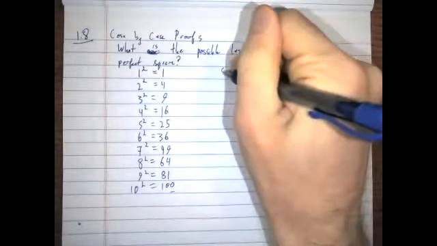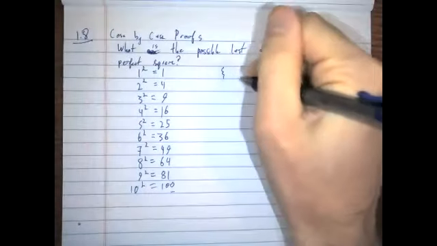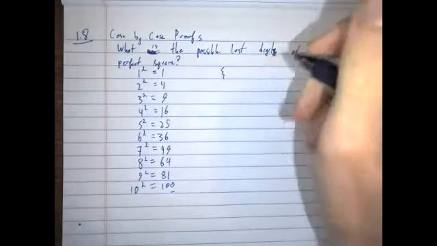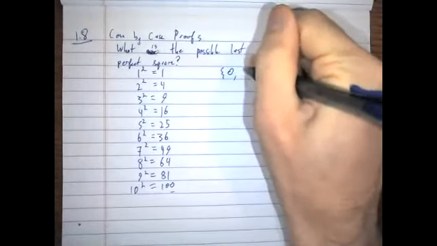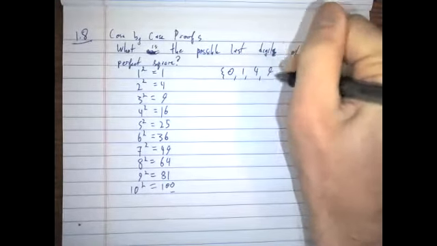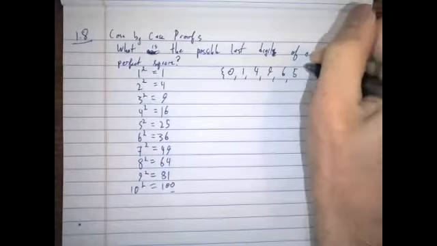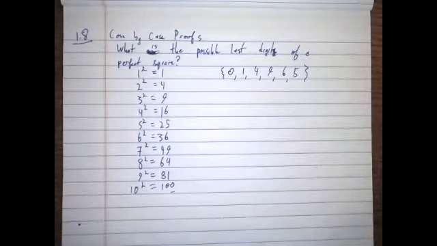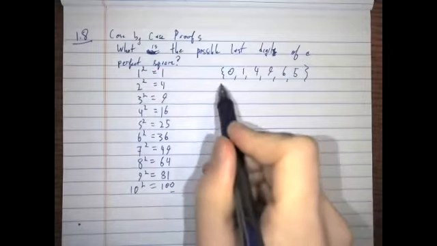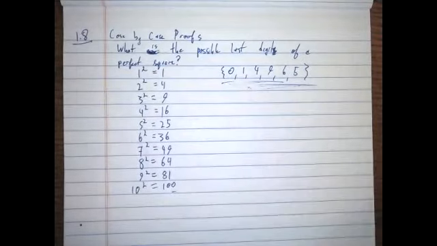So it looks like the collection of last digits that we could have are at least 0, 1, 4, 9, 6, and 5. So we've never seen 8, we've never seen 7, and we've never seen 3, for instance. At this point, this is just a guess, right?